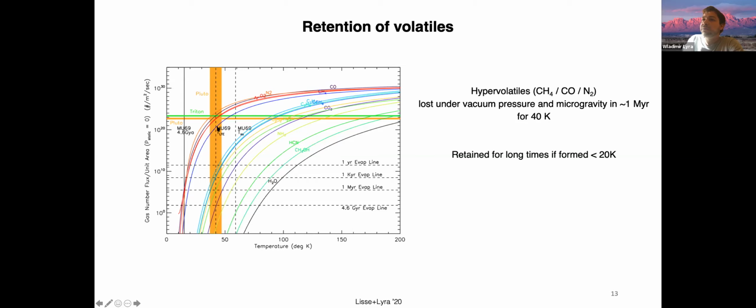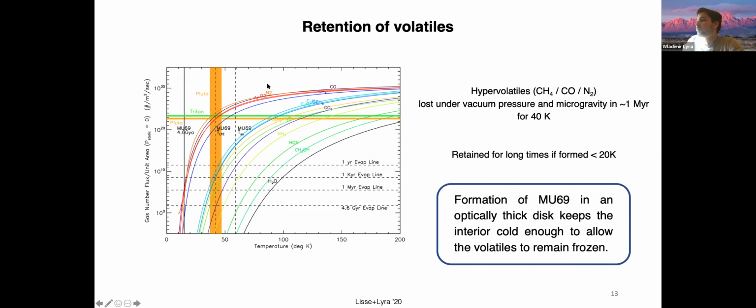You see here, already at 40K, you lose them very, very fast, and you would need a temperature of about 20 Kelvin to keep them for about 1 million years, right? So you really need colder temperatures, right? You may think that 40 Kelvin is cold, but you need much colder temperatures to keep these other ices. So formation of MU69 in an optically thick disk keeps the interior cold enough to allow for the volatiles to remain frozen.